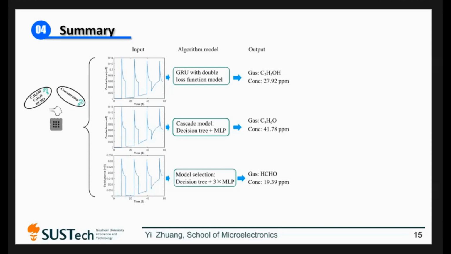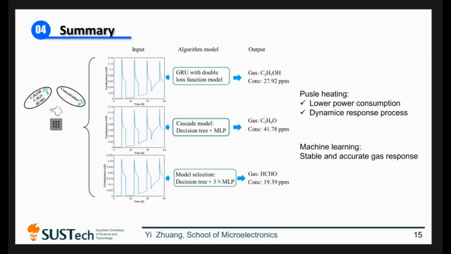All of them perform the tasks of classification and regression effectively. By using pulse heating, we can get lower power consumption and a dynamic response process, and we can use machine learning to get a stable and accurate gas response.